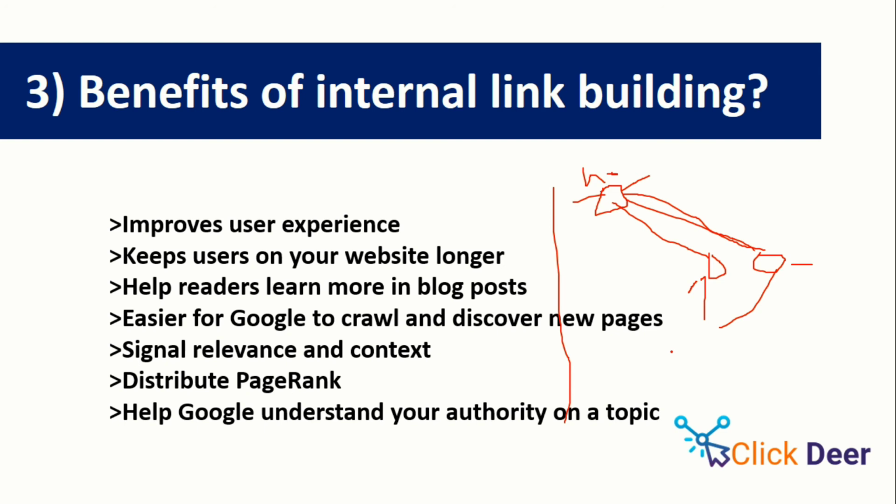So for example, if I talk about SEO on my website, I should have subtopics on backlinking, on technical SEO, on keyword research, on website improvements, on user experience. So these are related things, right? And what I will do is interconnect these subpages with the main page, which is the SEO.